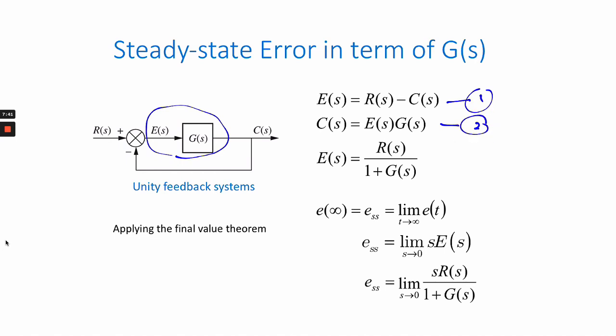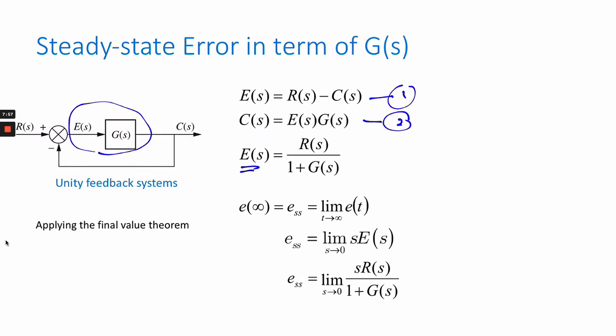So we can come up with the error in terms of G(s), which includes the input that is supplied to the system and the plant itself, G(s).